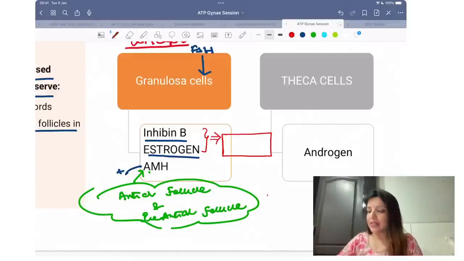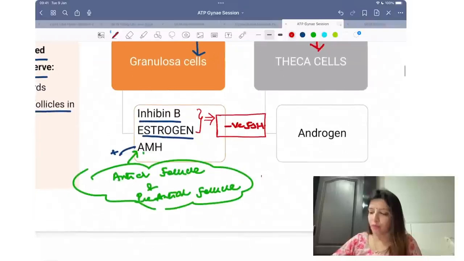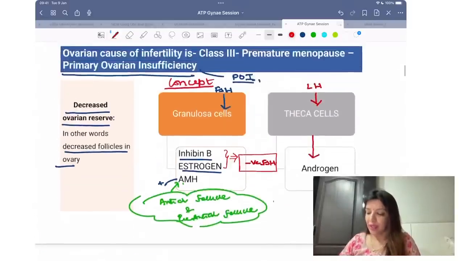Inhibin B and estrogen have a negative feedback on FSH. Right? Another important point is LH acts on theca cells, and from theca cells in females, from puberty onwards, androgens are produced. Right? So now, understand.